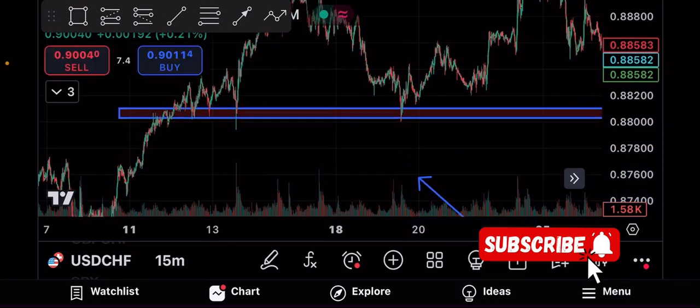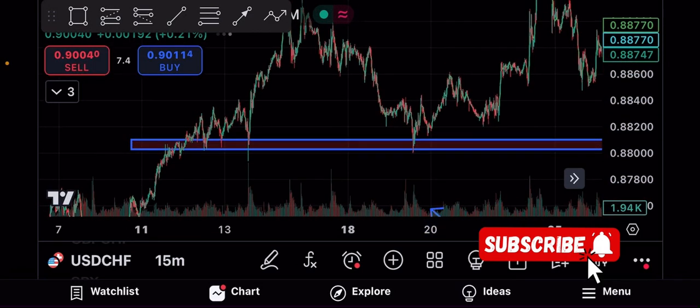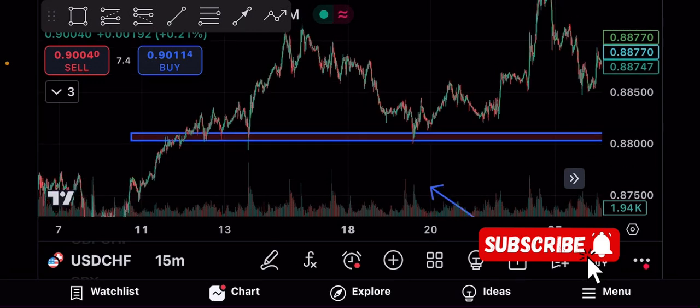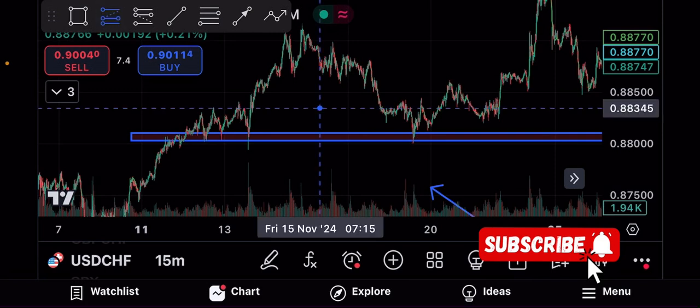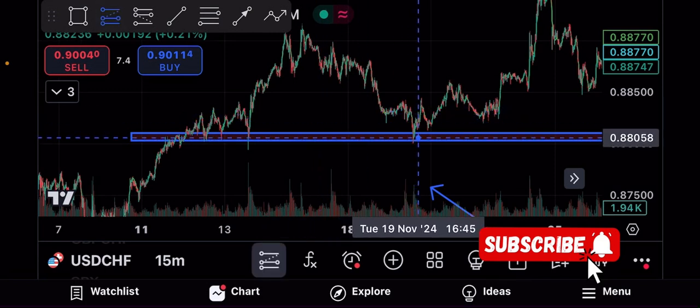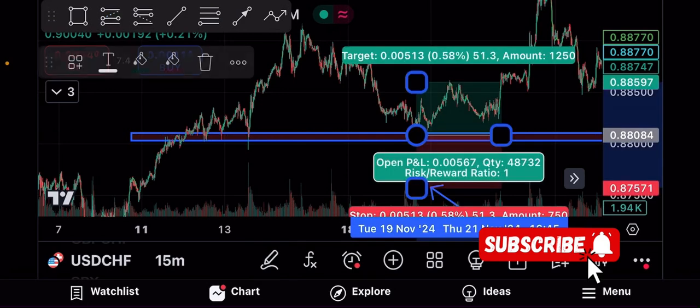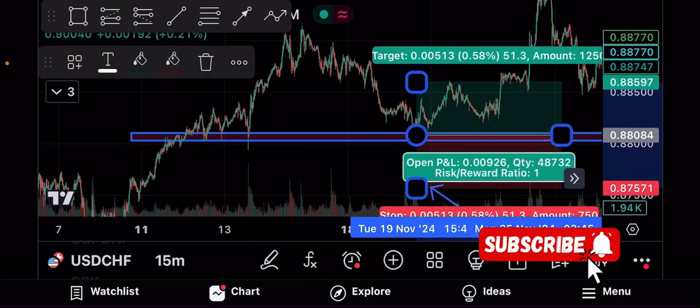So if you were to take a trade using the support level as the demand zone in order to buy to the upside, you wait for price to come here before you take an entry.